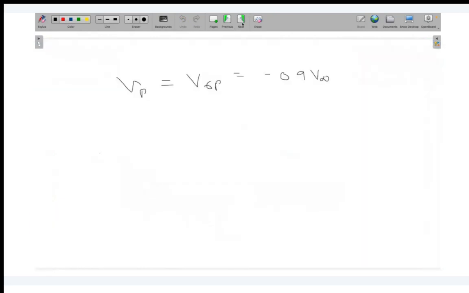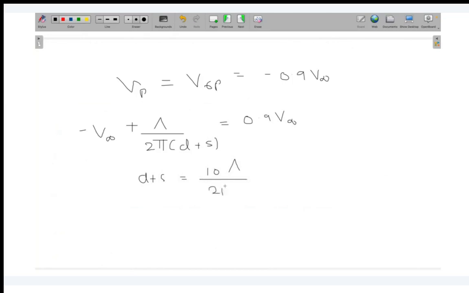Now, if I substitute V R at that location, it is minus V infinity plus kappa by 2 pi into d plus s, and that equals minus 0.9 V infinity. If you rearrange and find d plus s, it turns out to be 10 kappa by 2 pi V infinity.